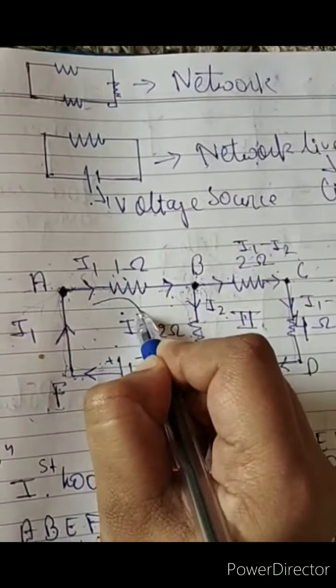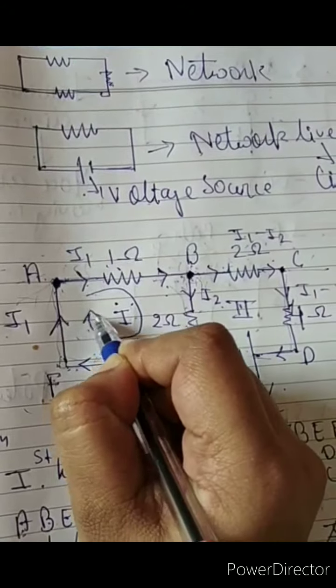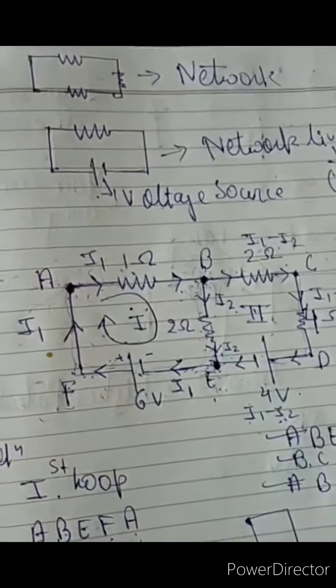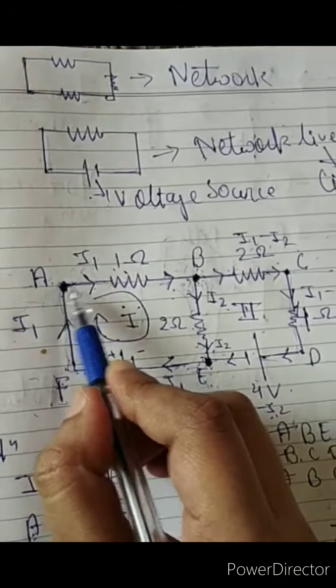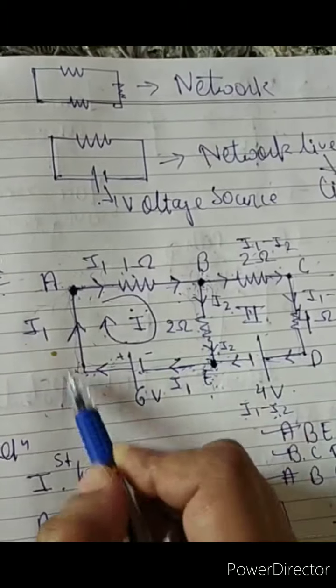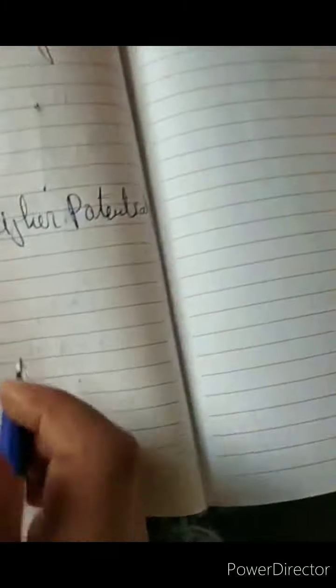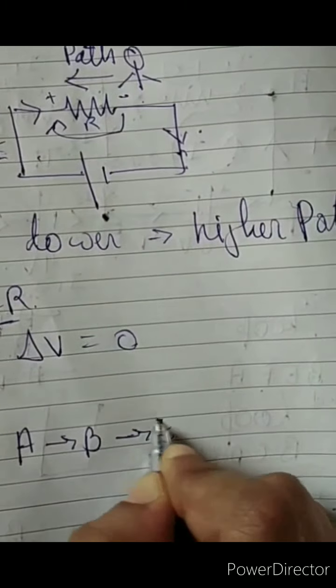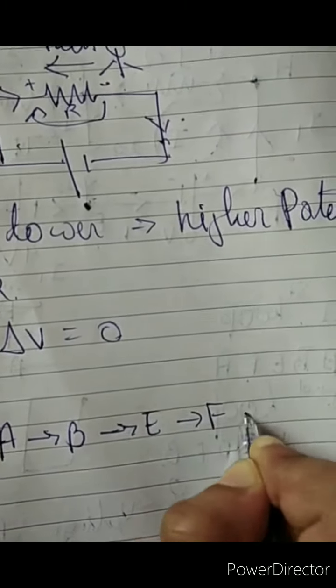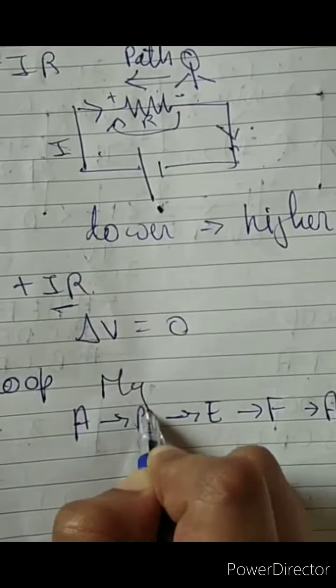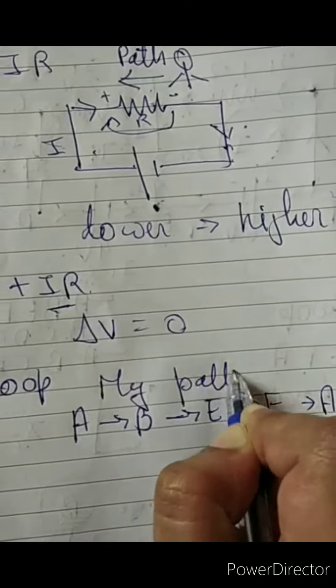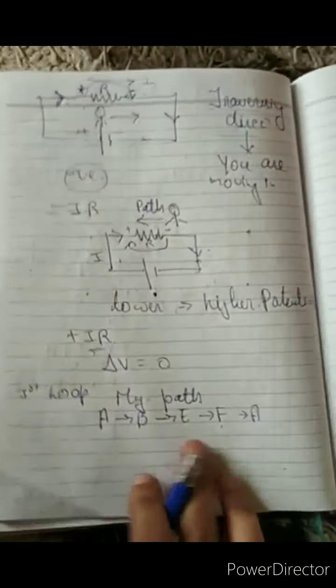Suppose I choose this direction, I will go around the first loop like this, from A, B, E, F, A. My traversing direction is from A to B, B to E, E to F, and again F to A. This is my path.